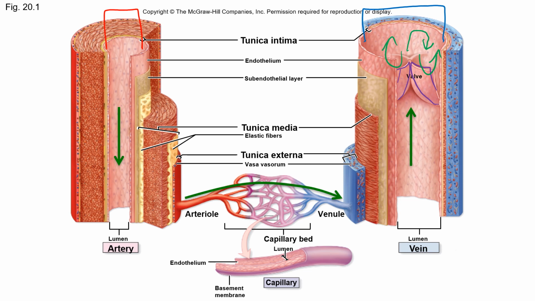Finally, let's note that there's a significant difference in the tunica media between these. The artery has a much thicker, smooth muscle layer in the tunica media. The vein here has a very thin tunica media. Again, that's because of the functional difference between these.